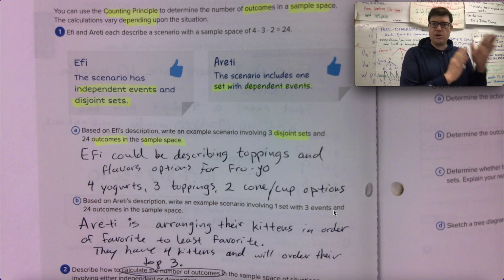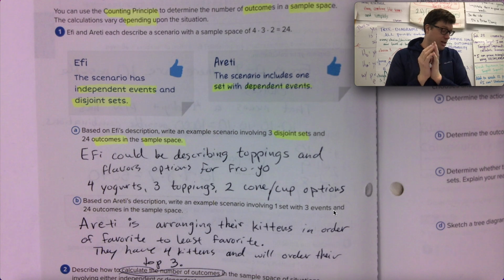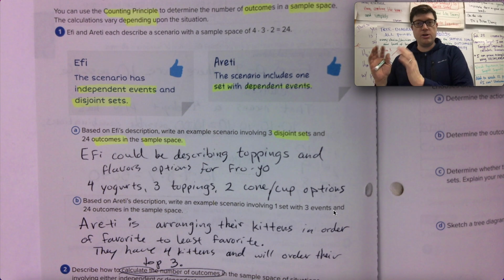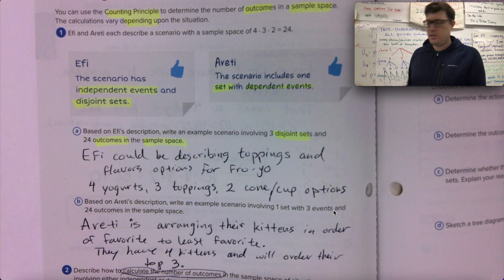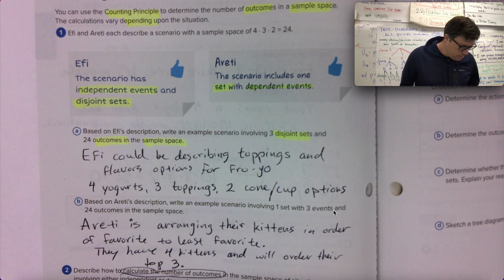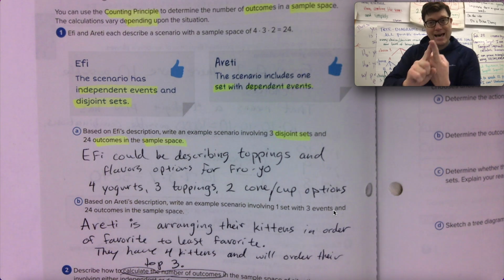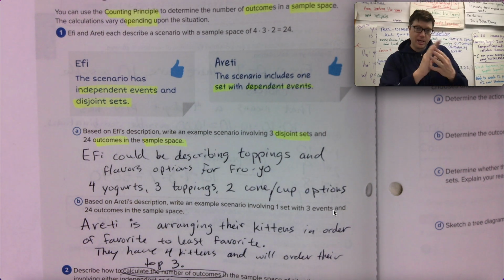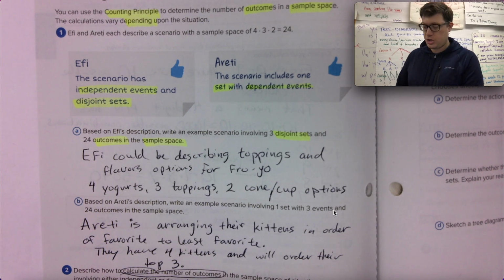It's the place value of who could be the favorite, and then after you pick your favorite, who is the next favorite, and then the third, and then we just leave the 4th one out. But there's still 24 different ways that set of 4 things could be dependent and produce 24 different permutations.